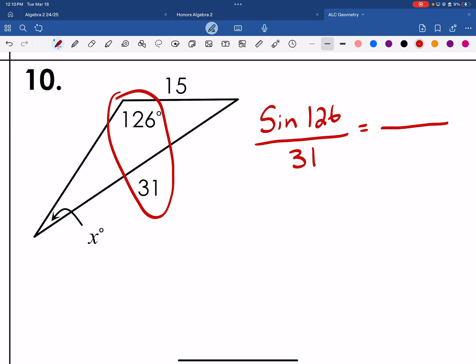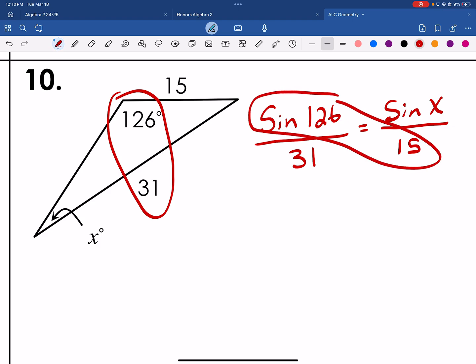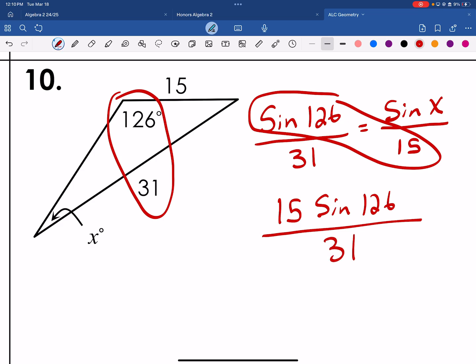Where does the 15 go, on the top or the bottom? Bottom. 15 goes on the bottom. The sine of x goes on the top. Cross multiply. 15 times the sine of 126. We're going to divide that by 31, right?